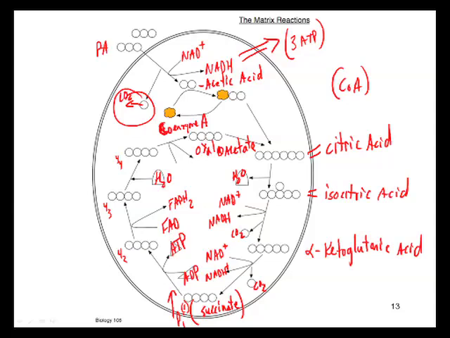They all have names, but I think you have enough names at this point. So the 4-carbon number 3 is converted into a 4th form, and then that 4th form undergoes oxidation and reduction. NAD is reduced to NADH. The 4th 4-carbon molecule is then oxidized to oxaloacetate, and we're back to where we started.